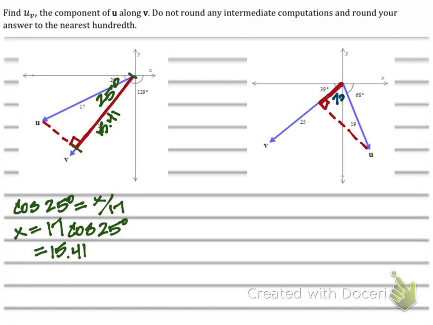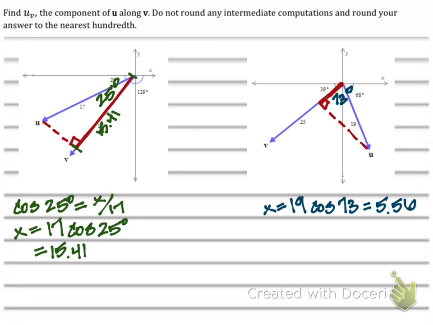So this is 73 degrees. So that component, or x, is going to be 19 cosine 73. 19 cosine 73 is 5.56. So that whole vector v is 25, but that little red piece of it is 5.56.